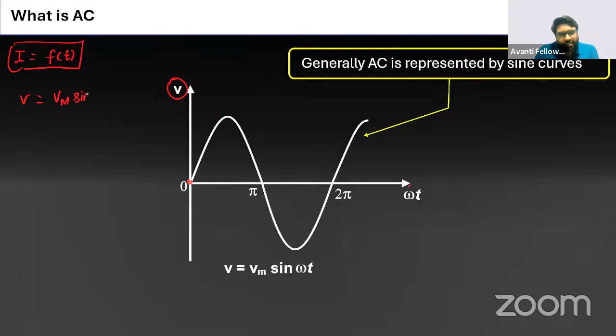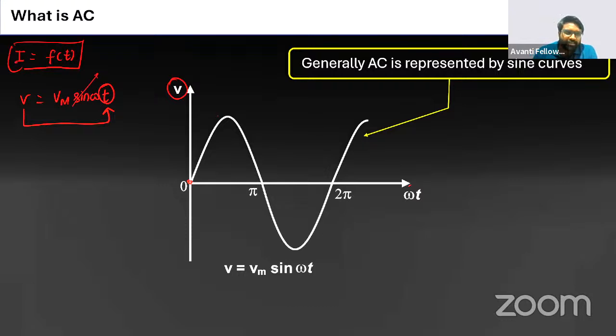You can see here that V depends on time. When the time changes, this whole omega t will change, and if omega t is changing, the value of sine will change. If the value of sine is changing, then the overall value of the voltage will change, which means this voltage is changing in nature.